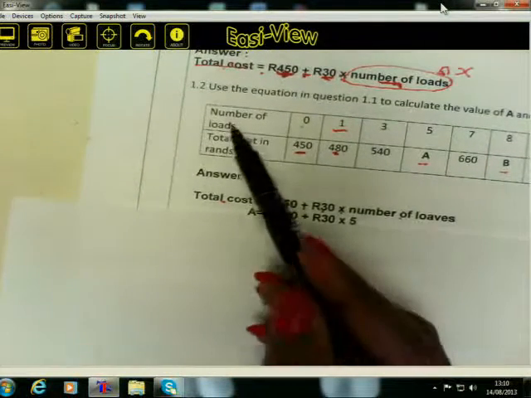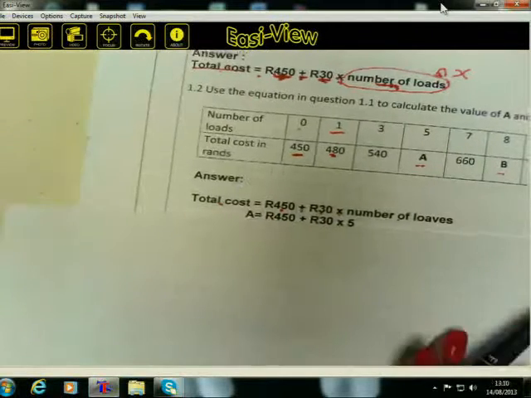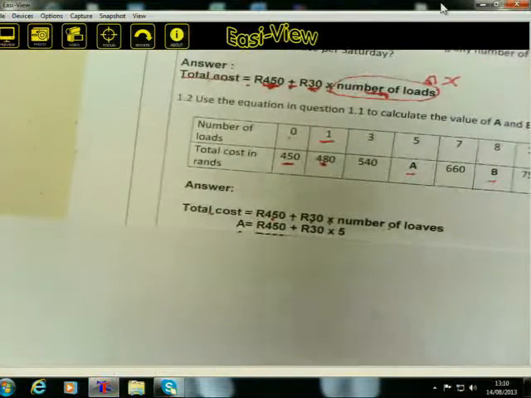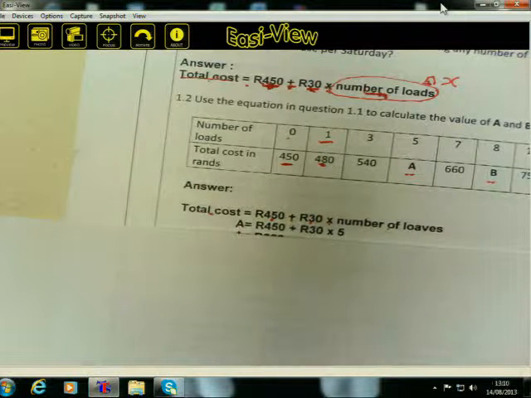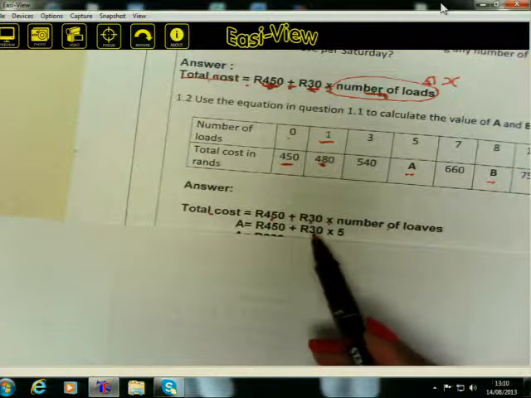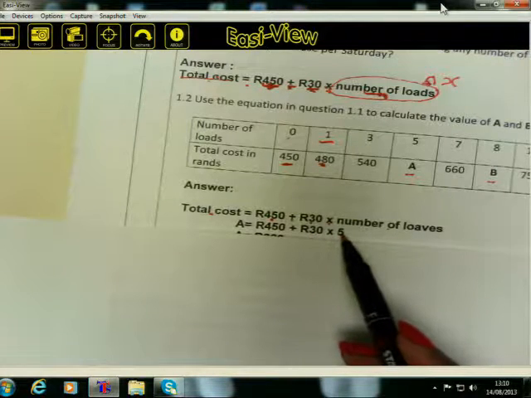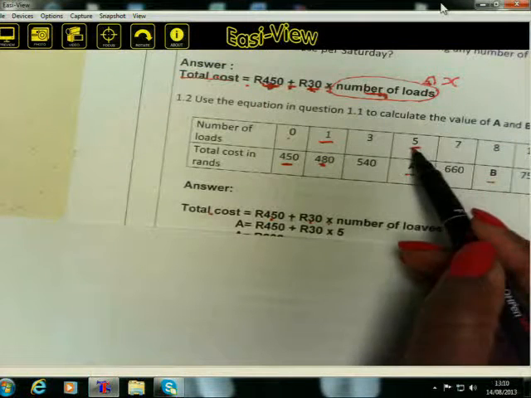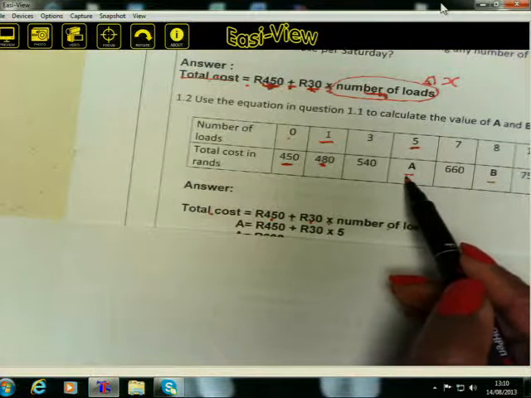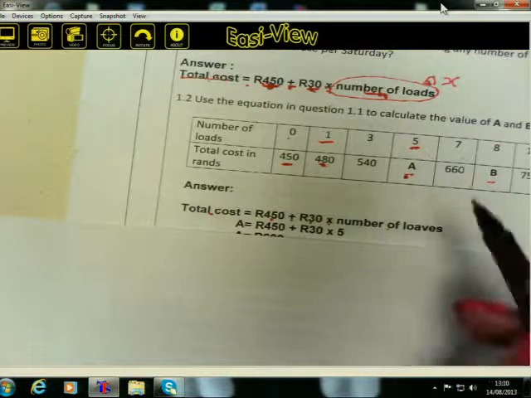If you look at the table for the number of loads, remember the total cost is A, which is what we have to calculate. It's 450 plus 30 rands multiplied by 5. There is that 5. The number of loads is 5. We are looking for the total cost for 5 loads.